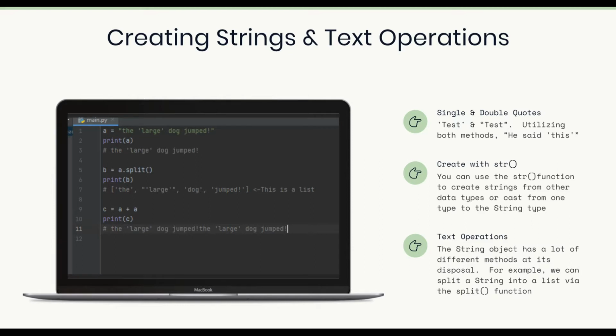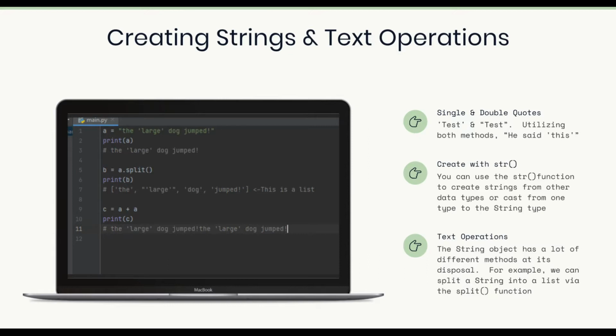There's also text operations. The string object has a lot of different methods at its disposal. We're not going to talk about all of them in this lesson. We'll use them as we need them, and they'll get mentioned as we need them. But for example, we can split a string into a list via the split function. So in the screenshot, we can see that we're doing b equal to a dot split on line 5, and a is the string the large dog jumped.